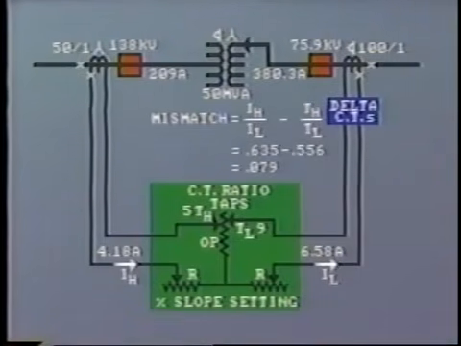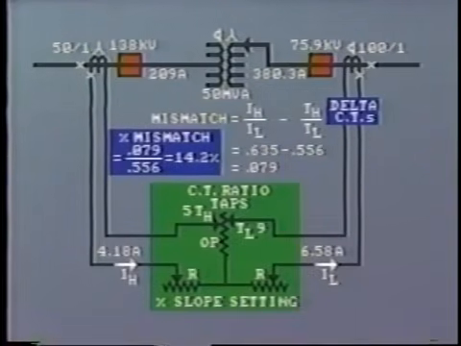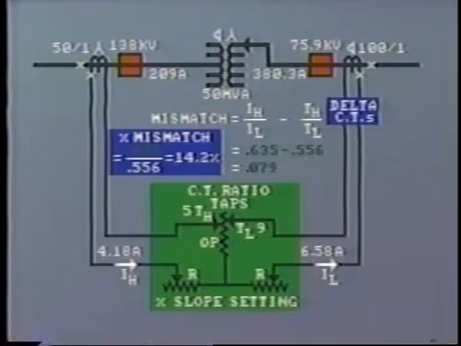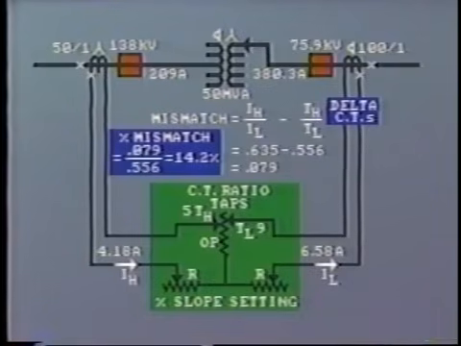So the ratio IH to IL is now 4.18 as before, divided by 6.58, which equals 0.635. So our percentage mismatch now becomes 0.635 minus 0.556 divided by 0.556, or 14.2%.